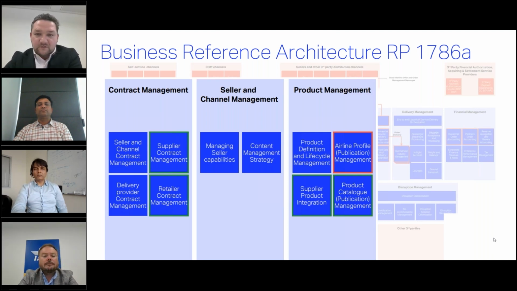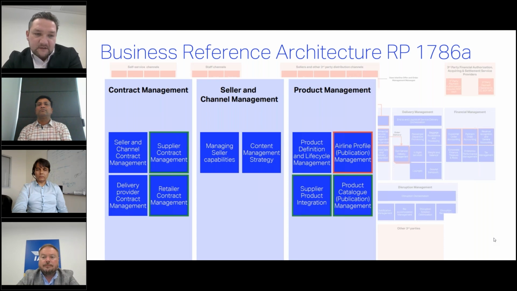So if we are to go a little bit in more detail, we can look at, for example, product management, airline profile. Airline profile is a capability that would allow an airline to, in a way, limit the number of shopping requests that they receive, or better said, ensure that they would receive shopping requests for the content that they are able to provide.